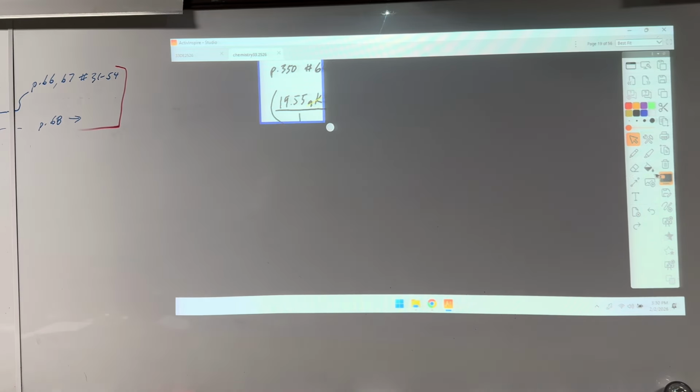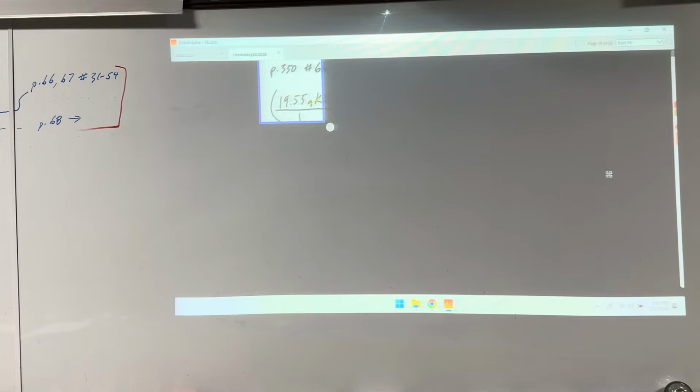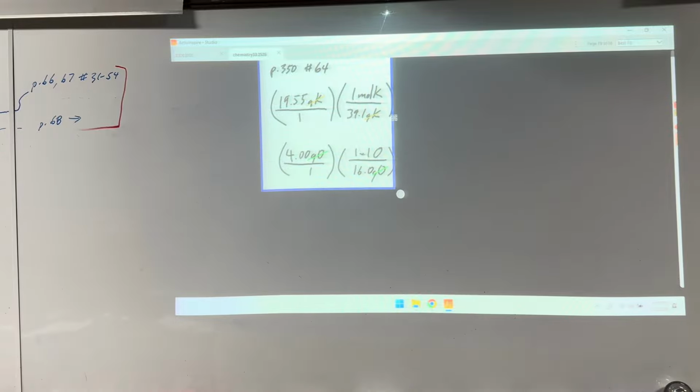Okay, next one. Number 64. When an oxide of potassium is decomposed, 19.55 grams of potassium and 4 grams of oxygen are obtained. What is the empirical formula? Okay, turn your grams to moles. All right.